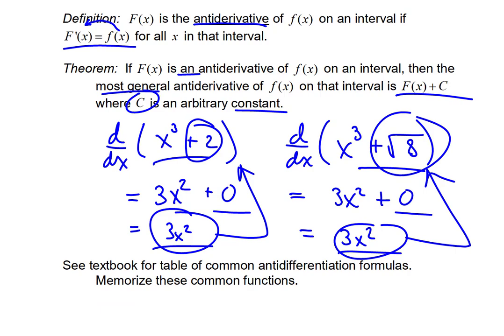Now, related to going backwards with derivatives, which is really what we're doing in antiderivatives, we already know lots of shortcut formulas for derivatives of common functions. So going backwards is really not much different. I'm going to say here, see the textbook for a table of common antidifferentiation formulas. There's a whole list of them, and they should correspond with the formulas we already know for derivatives. And we need to memorize these common functions.